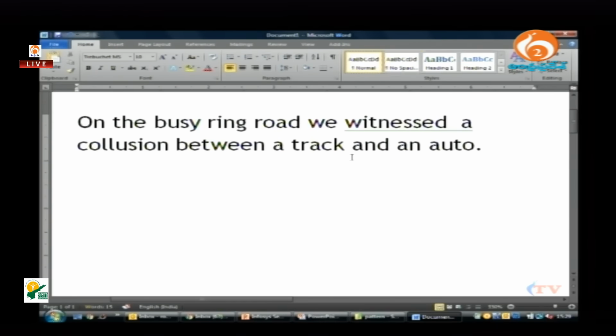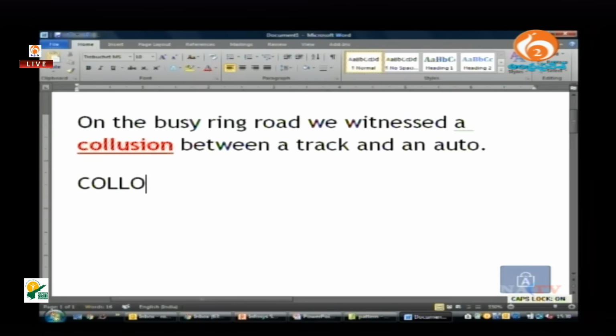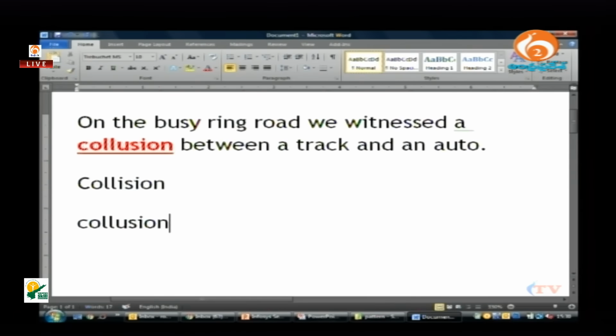The problem lies in this particular word. Is the spelling correct? Yes, it is correct. Then what is wrong? The actual word should be collision, but what has been written here is collusion. Does it mean the spelling is incorrect?